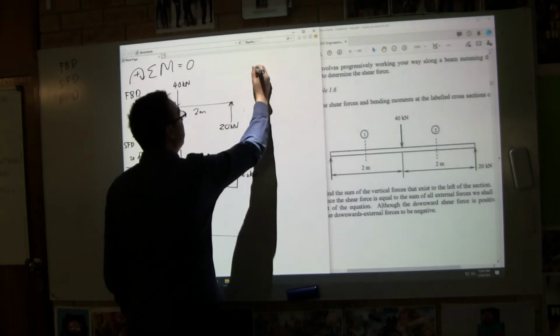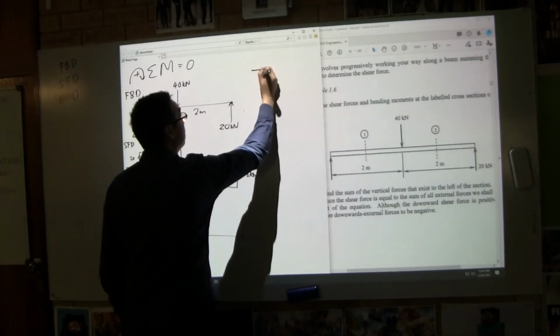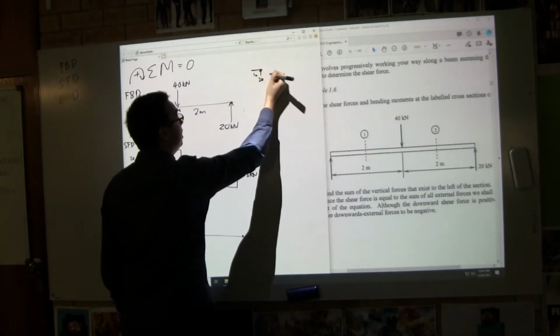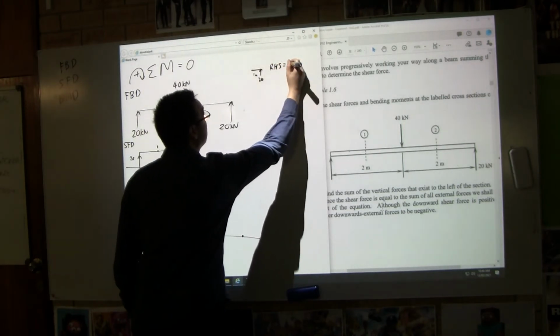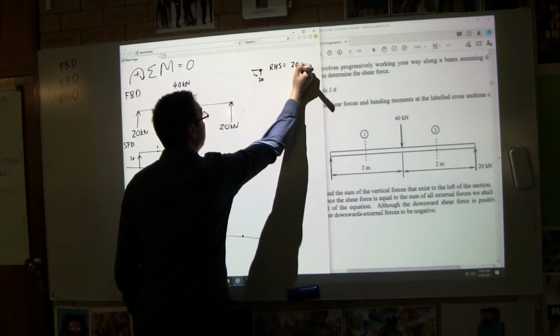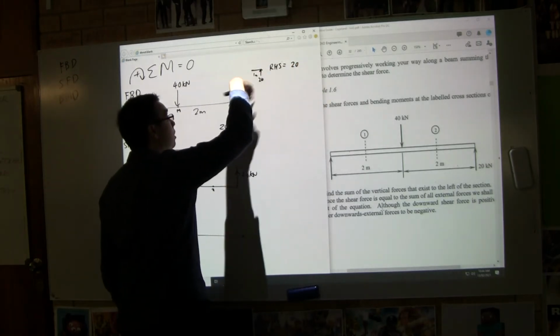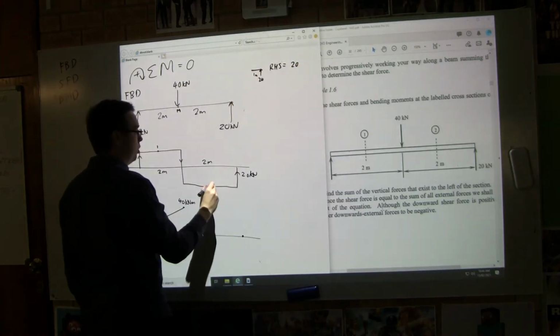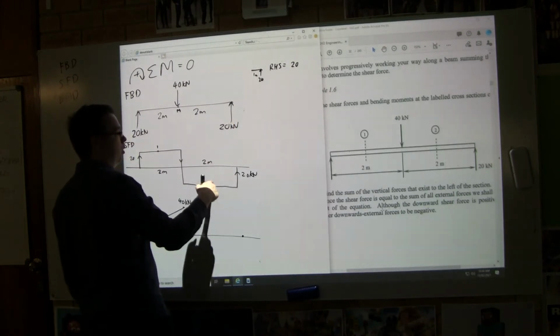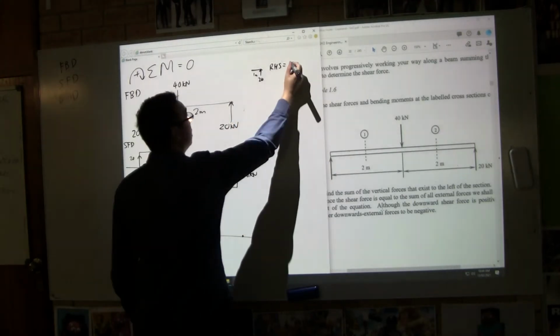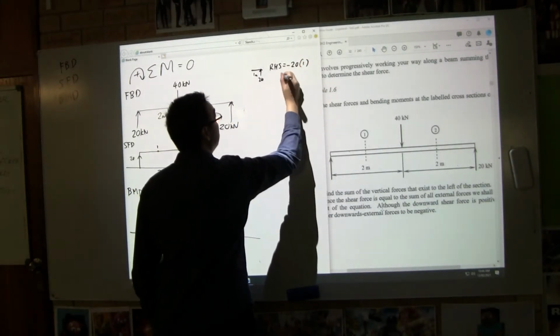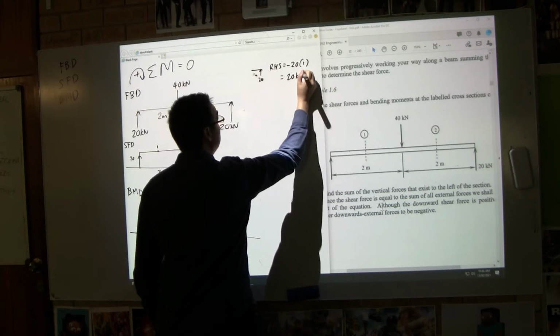So if we take the right-hand side, it's going to look like 1 meter times 20, RHS equals 20. Is it going clockwise or anti-clockwise? Where's location 2? Location 2 is here. So it's going anti-clockwise. So it's minus 20 times 1 equals 20 kilonewton meters.